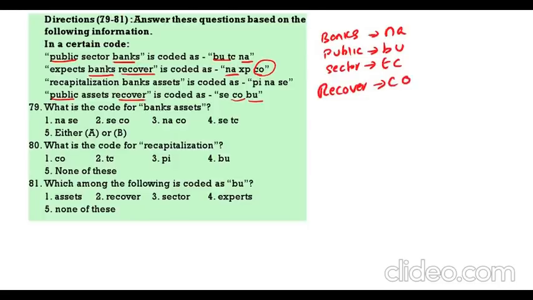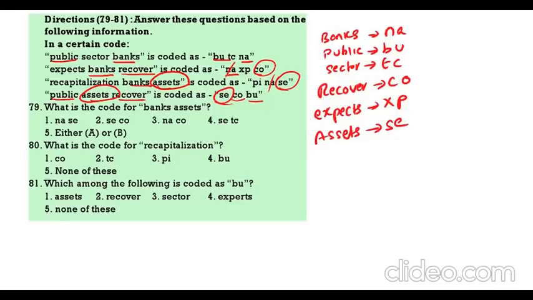Then banks is already NA. Then expects means XP. Bank assets: bank means NA. Assets: in both we can see SC, so assets means SC.